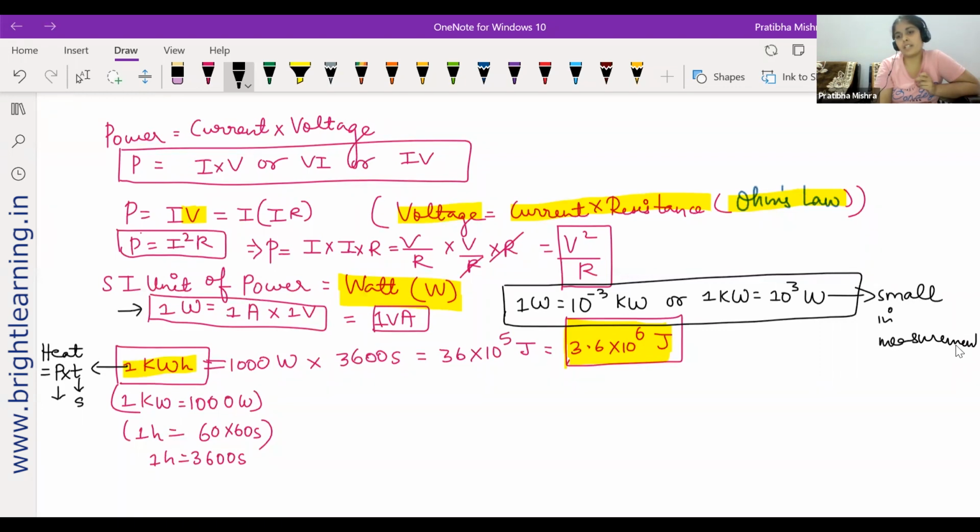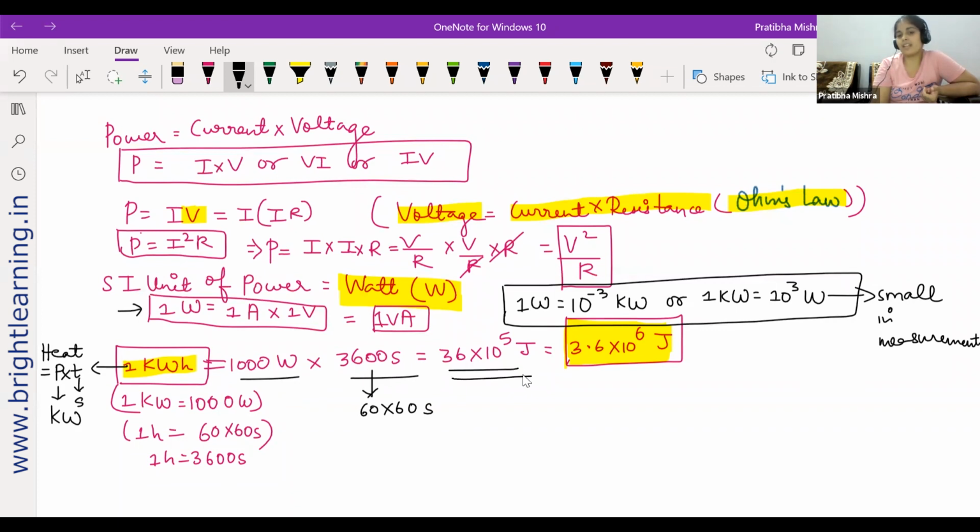So what we do is we take it as kilowatt, right? Since it's kilowatt hour, you can simplify it into watt and seconds, because 1 hour is 3600 seconds, 60 into 60. And 1 kilowatt is 1000 watts.